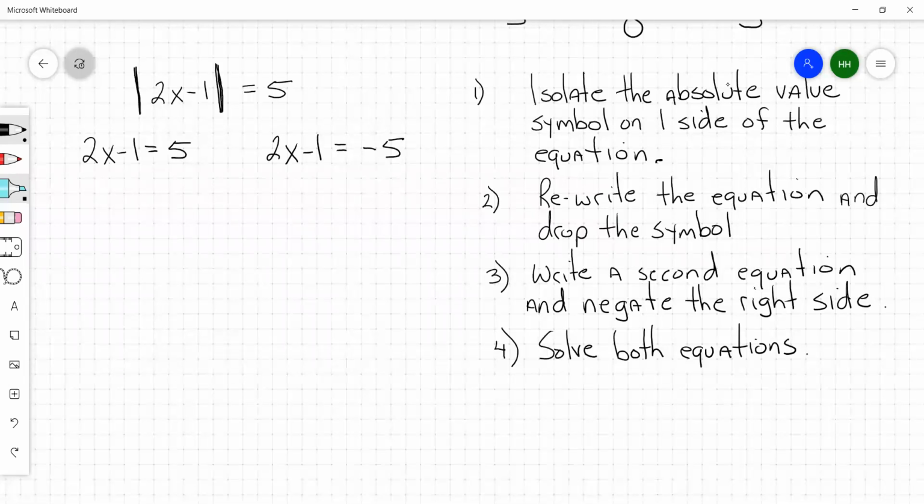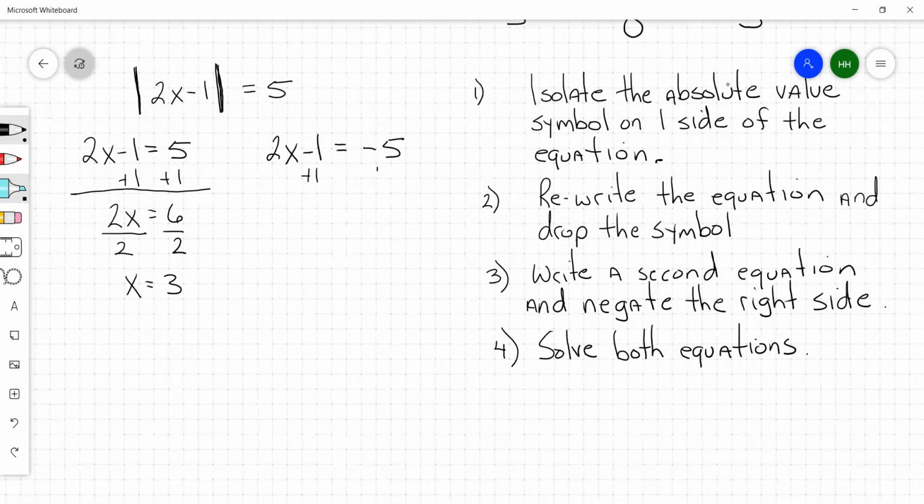So now we go up here to the equation on the top left and we add 1 to each side. So 2x is equal to 6. Divide both sides by 2. X is equal to 3. We solve the second equation.